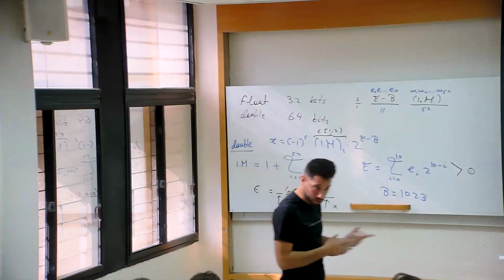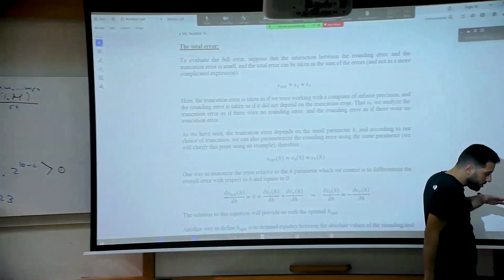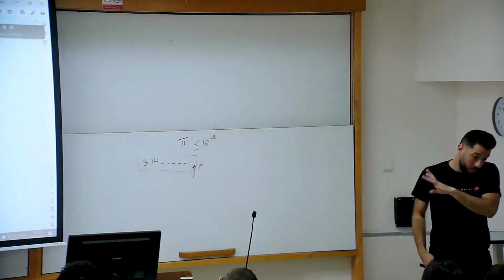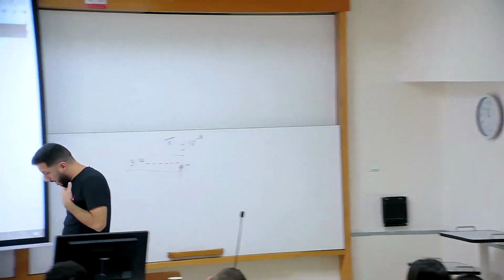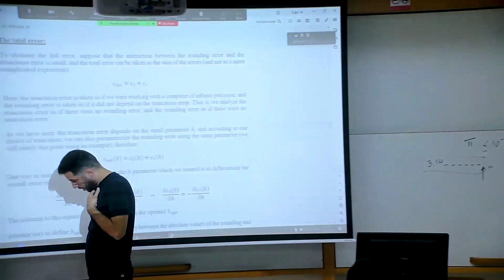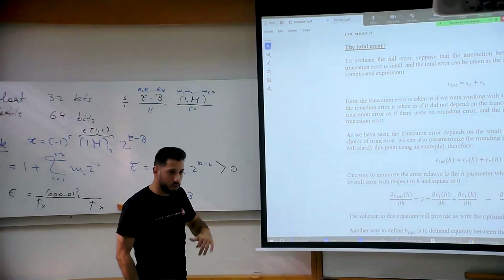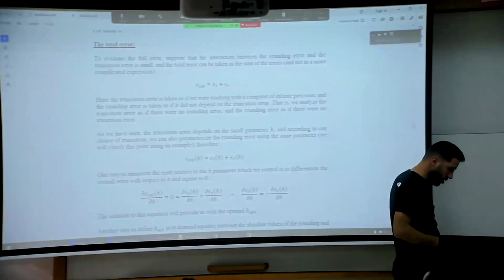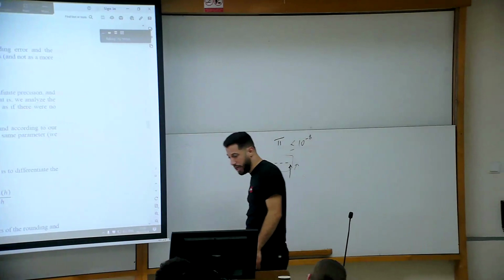We have seen that the truncation error depends on some parameter called h. Not necessarily the same h that we've seen before, but some parameter. The round-off error we also assume depends on h, and we will see an example of that. Up to now you don't see clearly why it depends on h.